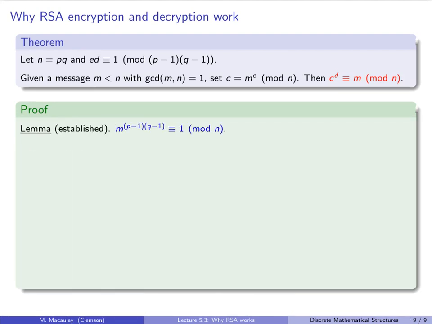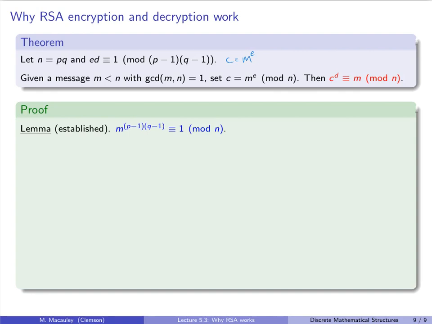At last, we can turn our attention back to the theorem at hand, which is why RSA actually works. Let's take a few moments to recall what we were trying to show. So M is a message, and to encrypt it, we raise it to the eth power, and we call that the ciphertext C. Everything is mod n.